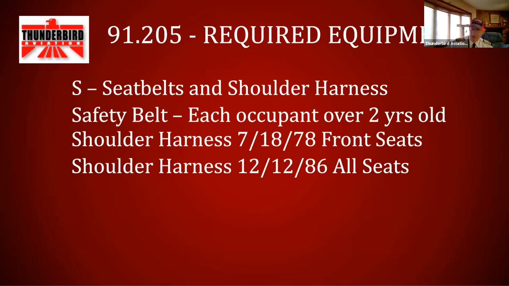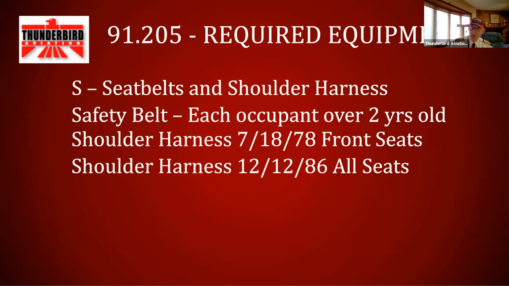Then another date happened. They finally decided, well, maybe that's such a good idea for the people in the front seats, maybe we should do it for the people in the back seats too. So shoulder harnesses became required for all seats in small general aviation aircraft in 1986. So all our Cadets and all our Cessnas have shoulder harnesses in the back seat too.